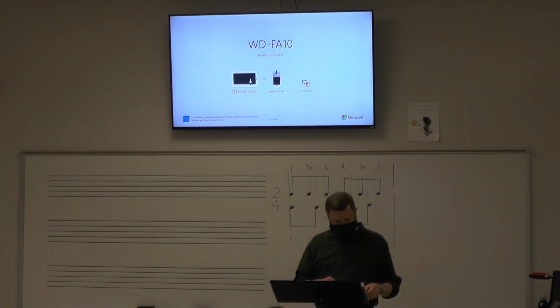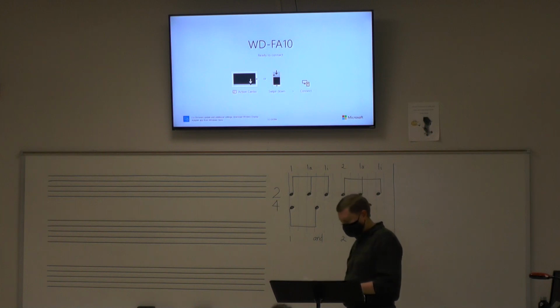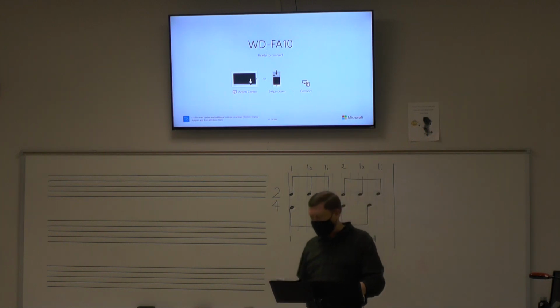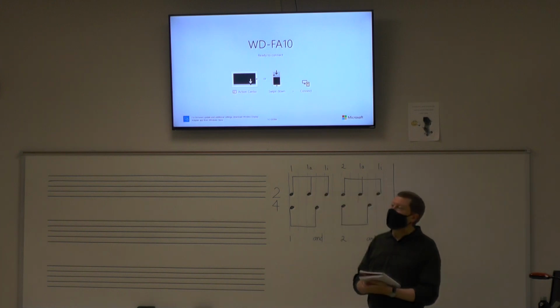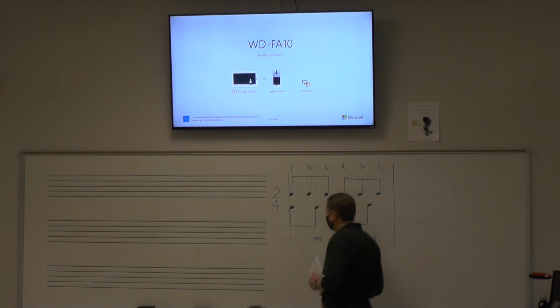Page 227. You can see underneath the title Rhythm and Melody, the subtitle says Triplet Division of Undotted Note Values, Duplet Division of Dotted Note Values.